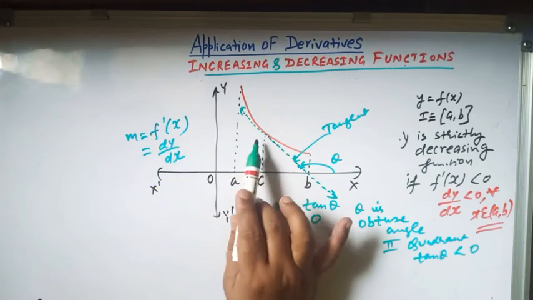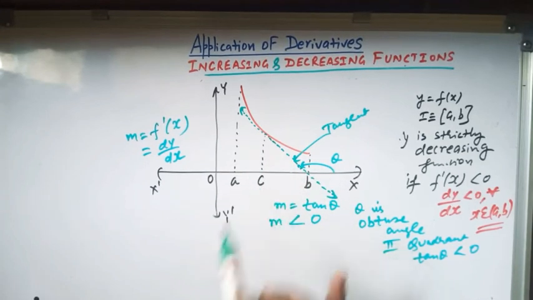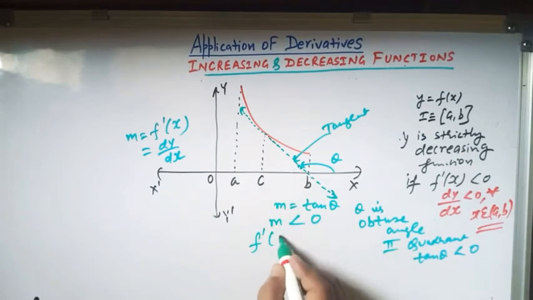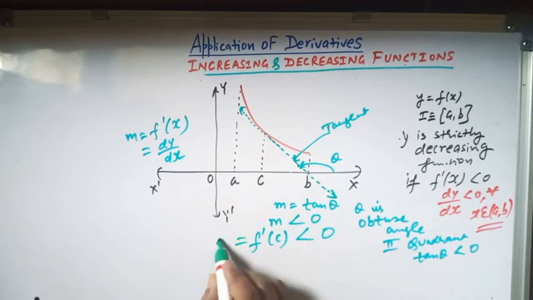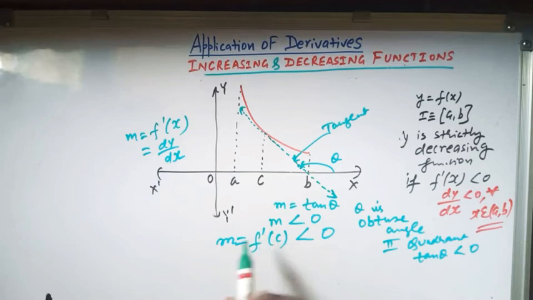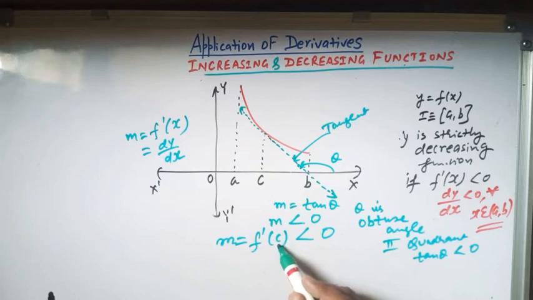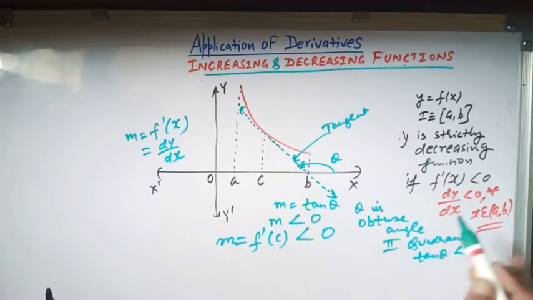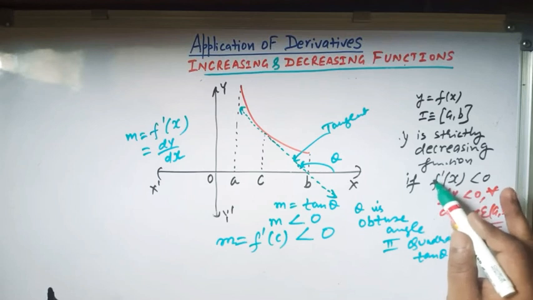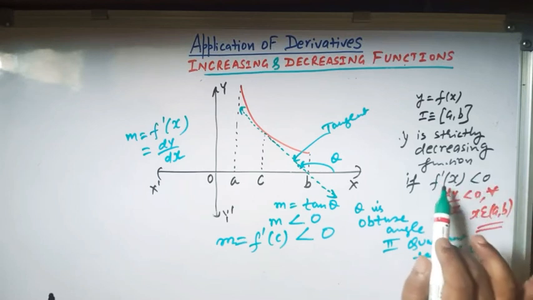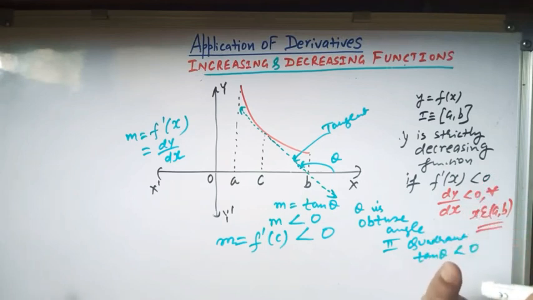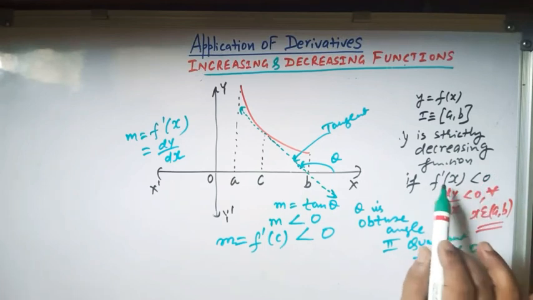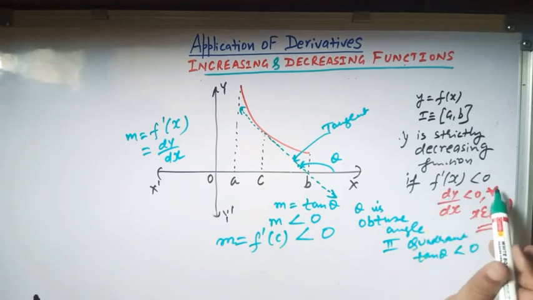This is dy over dx. So the slope of the tangent at point C is represented by f prime of C. So f prime of C is less than 0, because m is the derivative of y with respect to x at this point C. So this is how we get the expression that for strictly decreasing functions, the derivative of the function is less than 0.